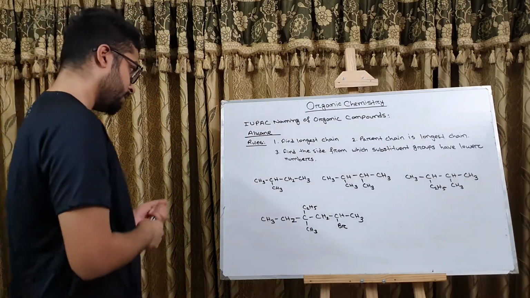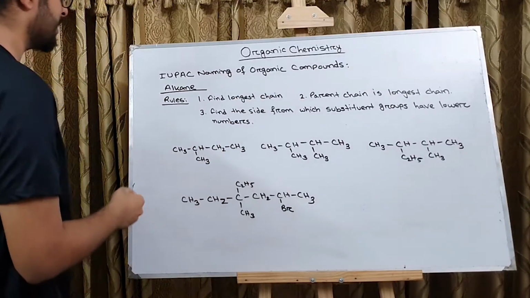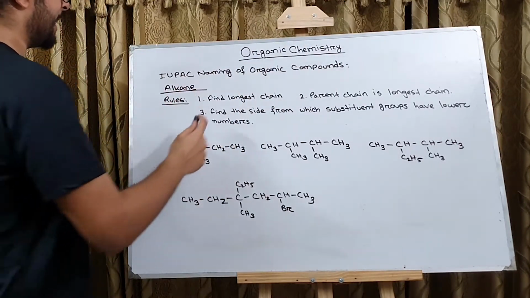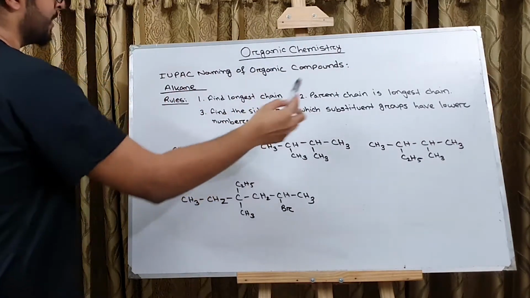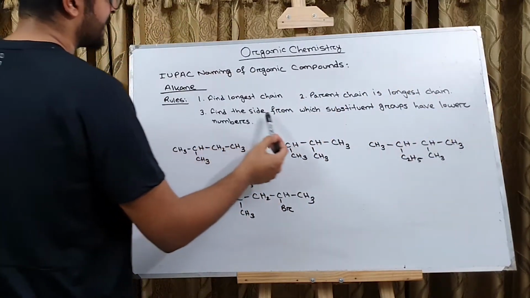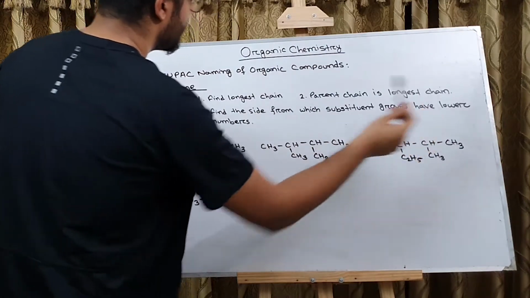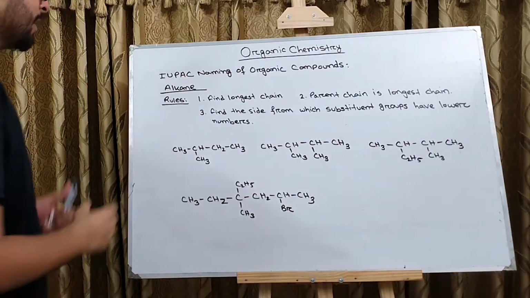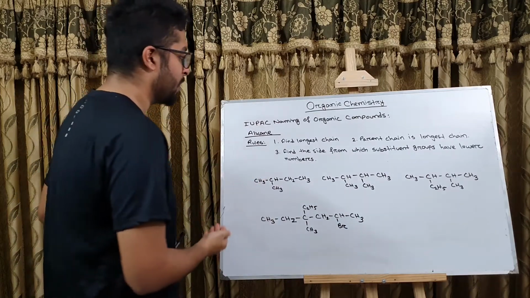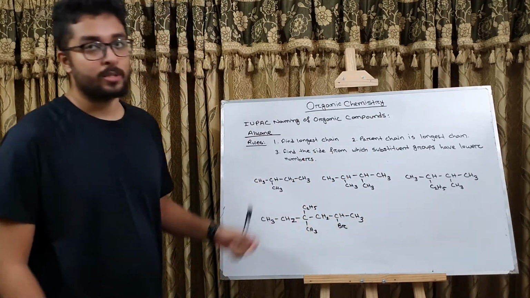First of all, I have just written three basic rules for naming alkane. That is, find the longest chain, the parent chain would be the longest chain, and find the site from which substituent groups have lower numbers. I don't want you to understand these rules now, but once we solve these four examples, these rules would be clear.